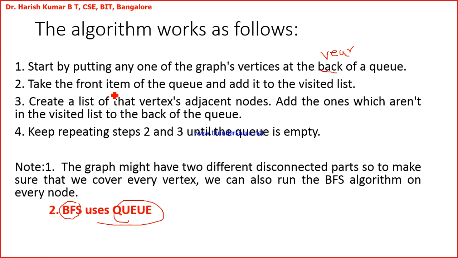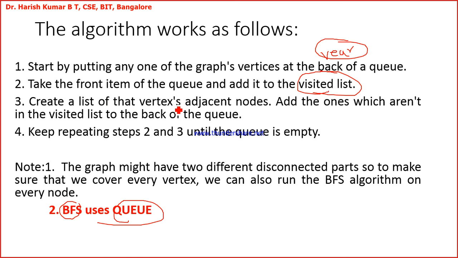Okay, so take the front item of the queue. Taking the front item of the queue is nothing but deleting from the front end and adding it to the visited list. So while adding to the queue, we do it at the rear end, and we take out or delete the element from the front end and add it to the visited list.